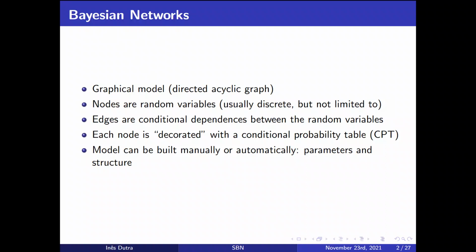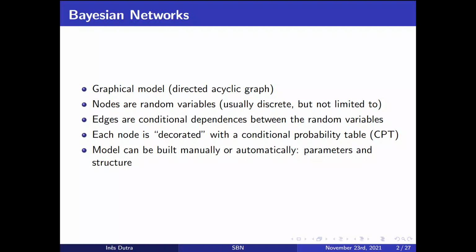I can draw the edges and the nodes and connect variables together, but we can also learn the structure and the parameters for this model. The structure is the graph itself, the directed edges and the nodes, and the parameters are the probability tables that are decorated for each node.